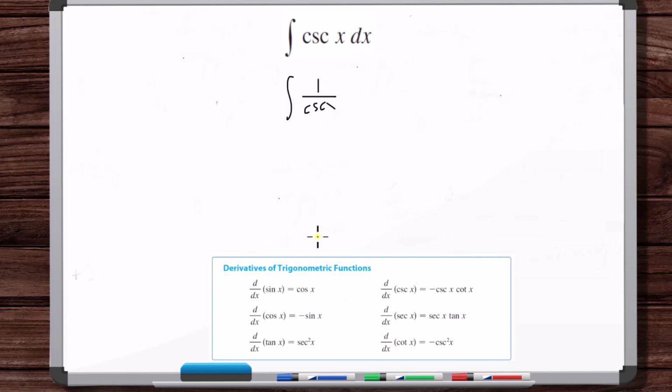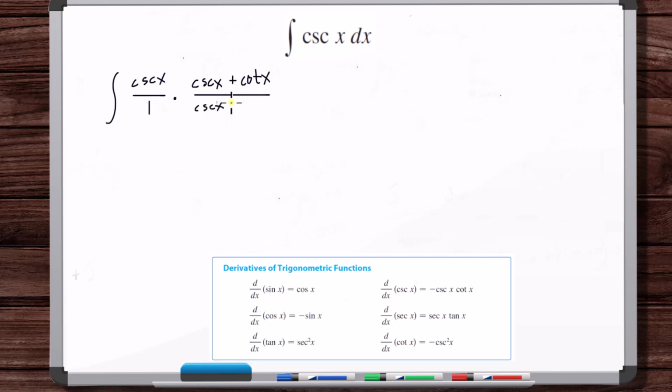So what we're going to do is multiply by 1 in the form of cosecant x plus cotangent x over cosecant x plus cotangent x. This is going to end up putting it into a form where we can make the substitution work. So now what do we get?